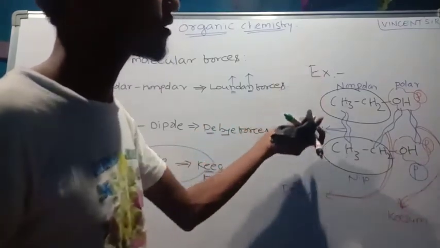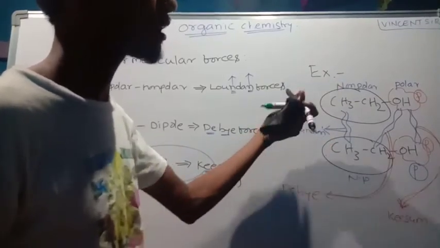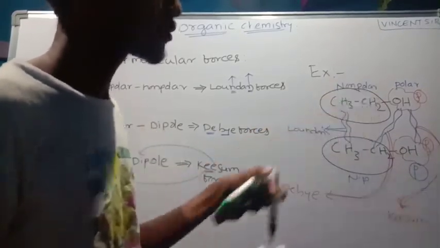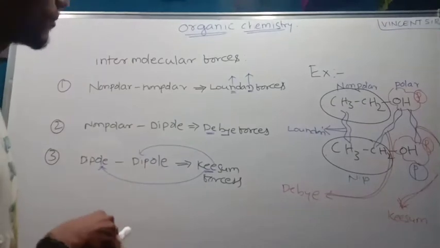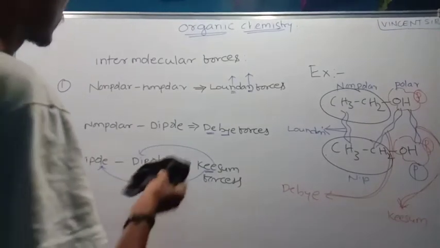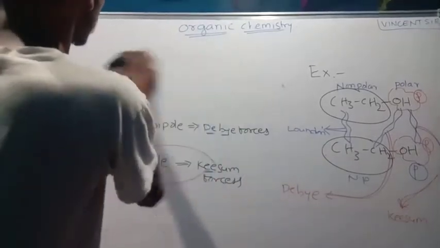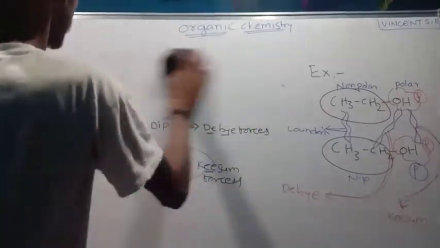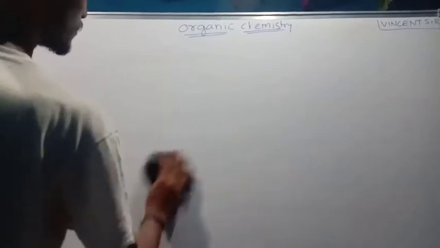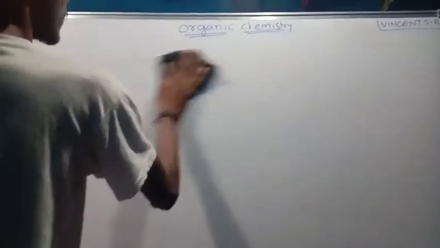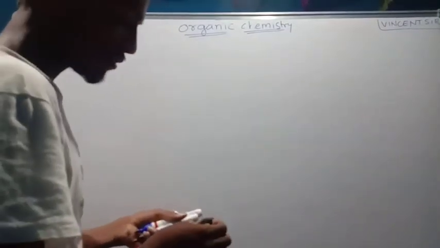So you can see van der Waals forces in between these two molecules, and how they are oriented and arranged you can easily see by using various interactions between those molecules. Now intermolecular forces are completed.